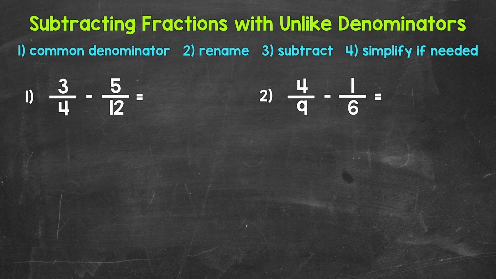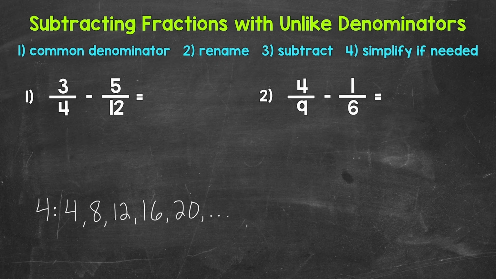And to show you what I mean, I'll write out the first 5 multiples of 4 and the first 5 multiples of 12. The first 5 multiples of 4 are 4, 8, 12, 16, 20, and these continue on.